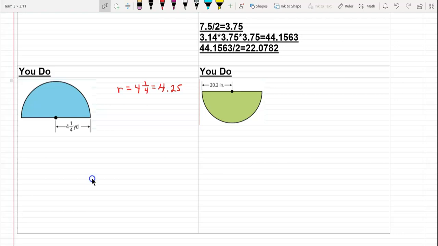So the radius of 4 1/4 can be written as a decimal as 4.25. Our area formula is going to be pi r squared divided by 2 because we're looking for the area of a semicircle or half of a circle. Then we'll substitute our numbers, 3.14 for pi and 4.25 for our radius. So we're going to multiply 4.25 times itself. And then when we're finished with that, we'll divide our answer by 2.